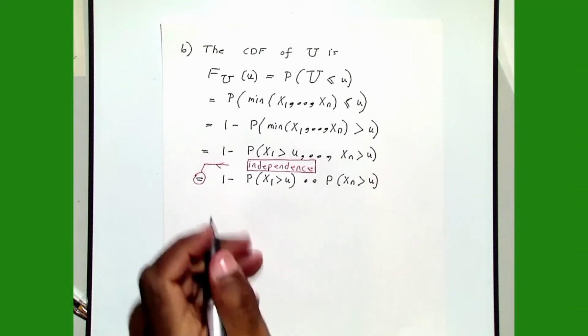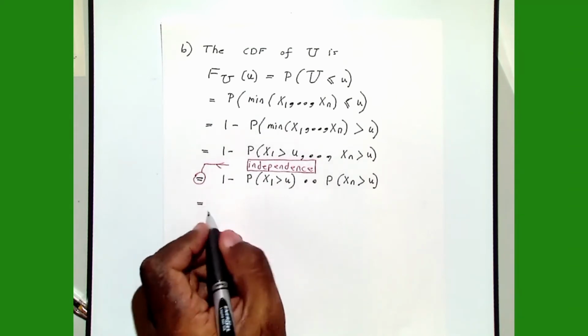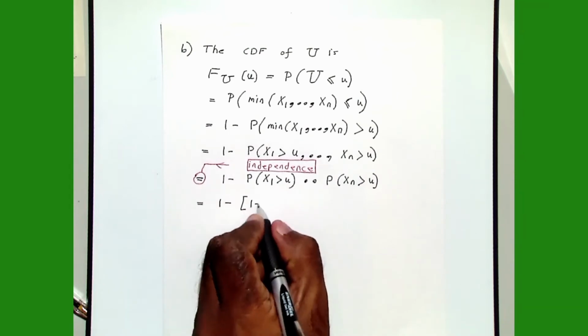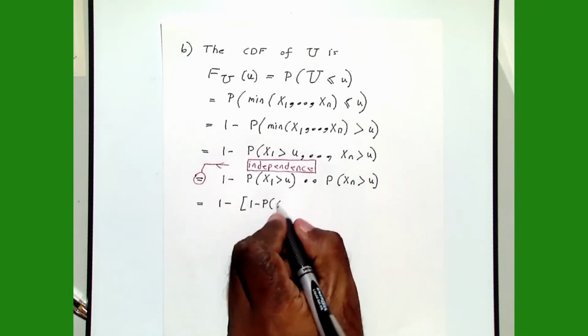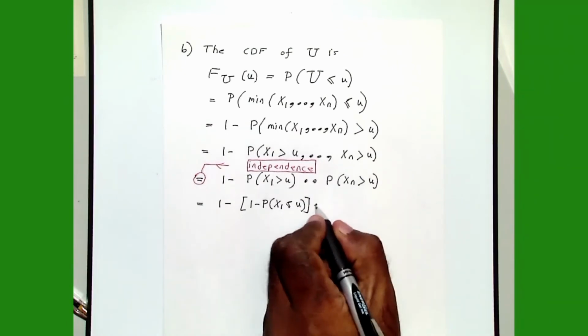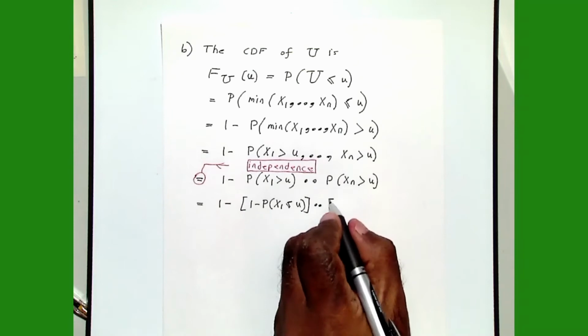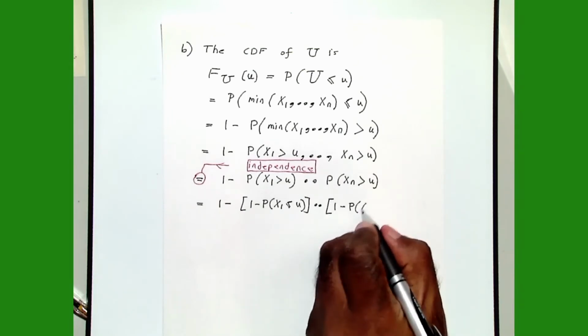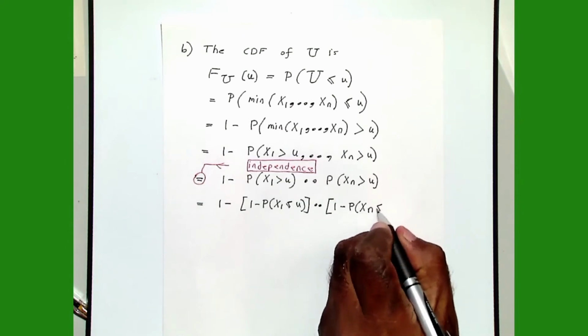Okay, and in the next line I'm going to write this probability as 1 minus the probability that x1 is less than or equal to u, and similarly this one as 1 minus the probability that xn is less than or equal to u.